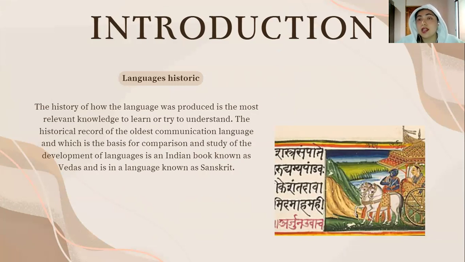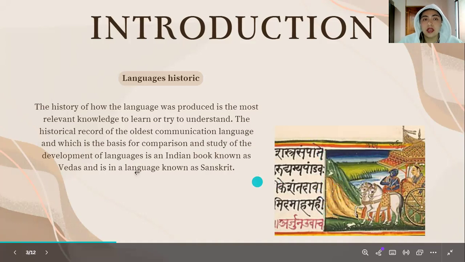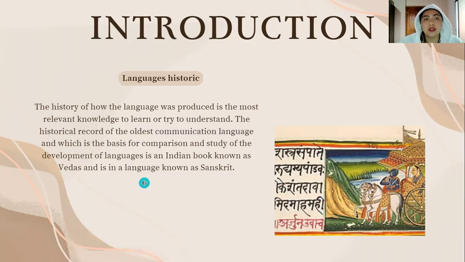The Sanskrit language is the historical record of the oldest communication language, and it was the basis to start a study of comparison about languages, comparison with this ancient language, and the book with Sanskrit that was the Vedas.